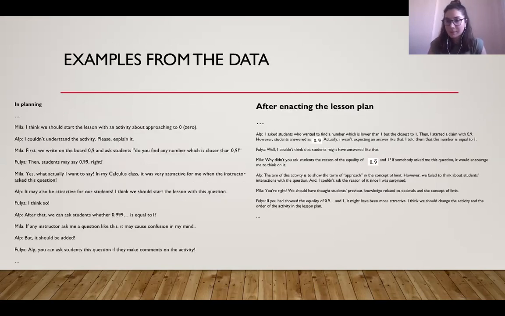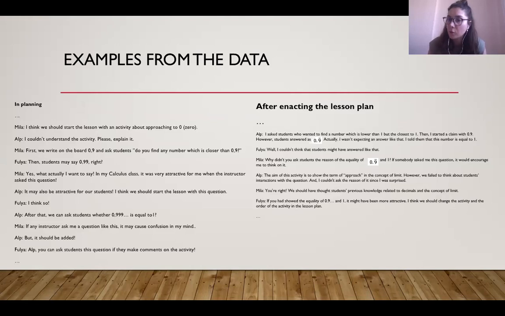As I have limited time to present this study, you can see excerpts from my data in planning and after enacting the lesson plan. In the planning phase, they discussed the effectiveness of the sample problem. The sample problem was to find the closest number to 1 by starting at 0.9.